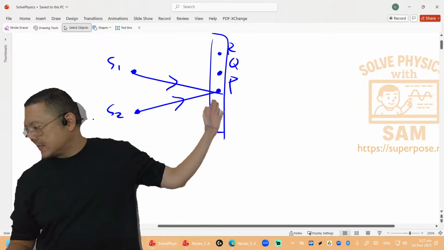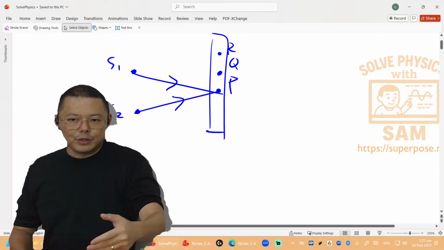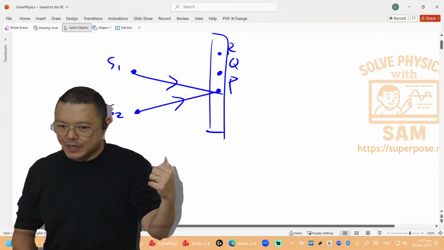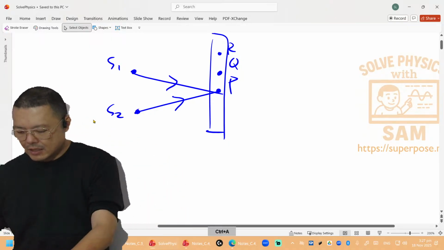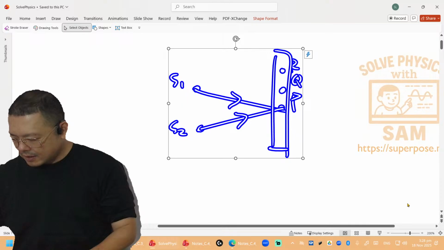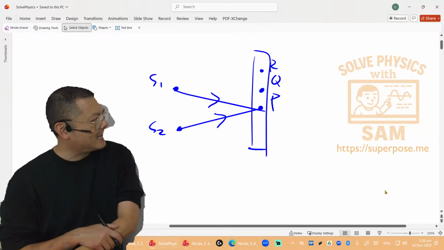You can't form a standing wave in this region here. However, you still can get a standing wave from this picture. Where do you think a standing wave exists in this picture?